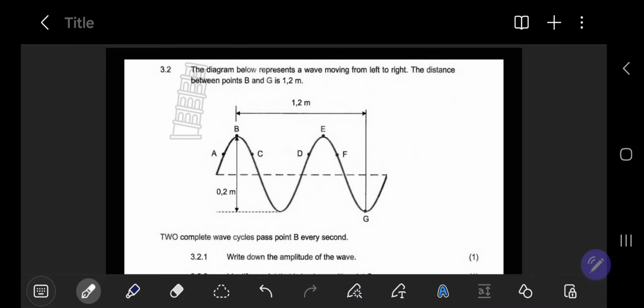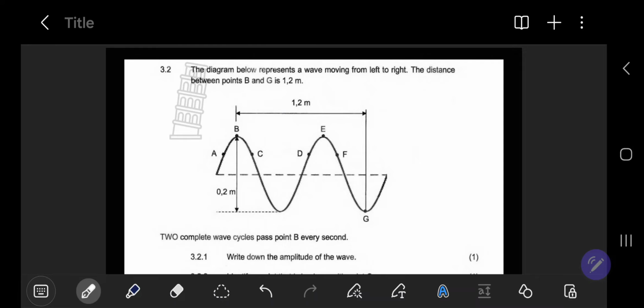Now here's 3.2, and it's based on new information. It says the diagram below represents a wave moving from left to right. The distance between points B and G is 1.2 meters. So B is a crest, G is a trough, so all the way from top to bottom is, or actually, sorry, that is horizontal.